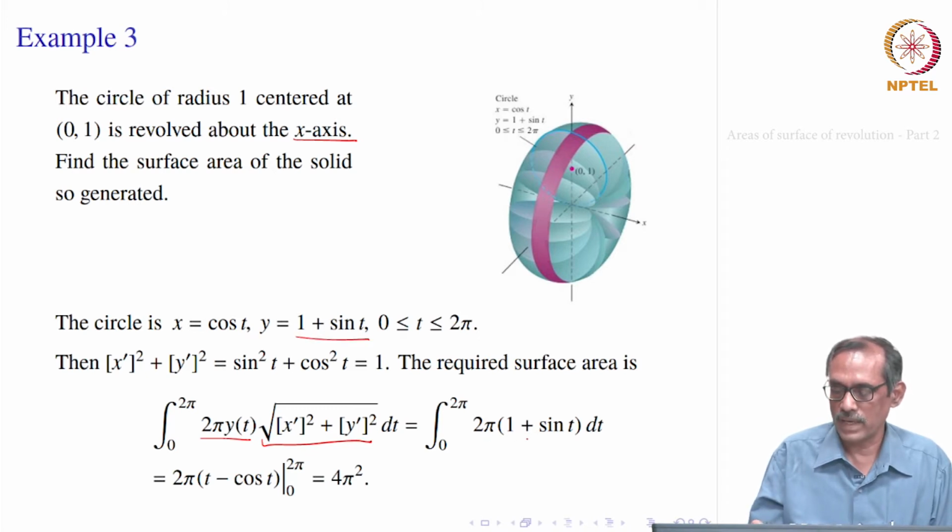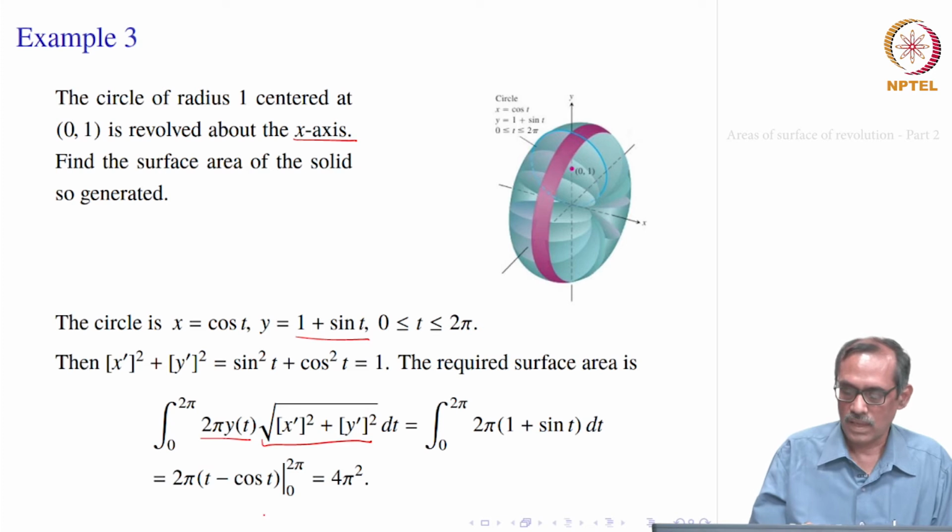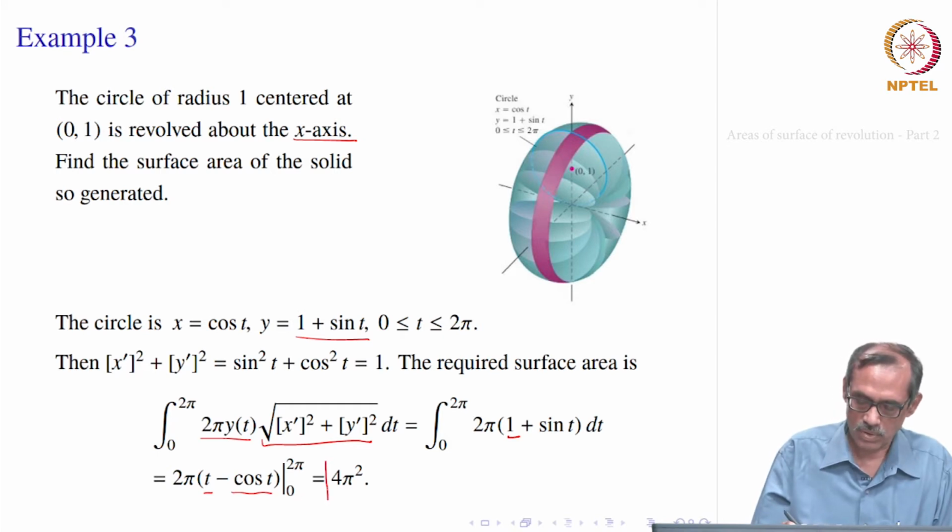Now, you integrate this. It is 2 pi, 1 gives you t and the integral of sin t is minus cos t. So, you get 2 pi times (t minus cos t) evaluated at 0 and 2 pi, and that simplifies to 4 pi squared.